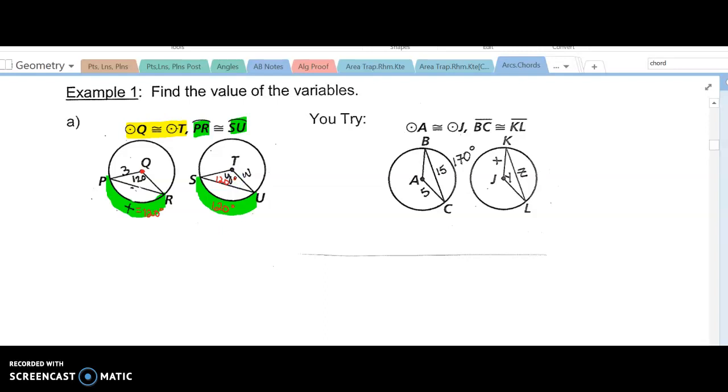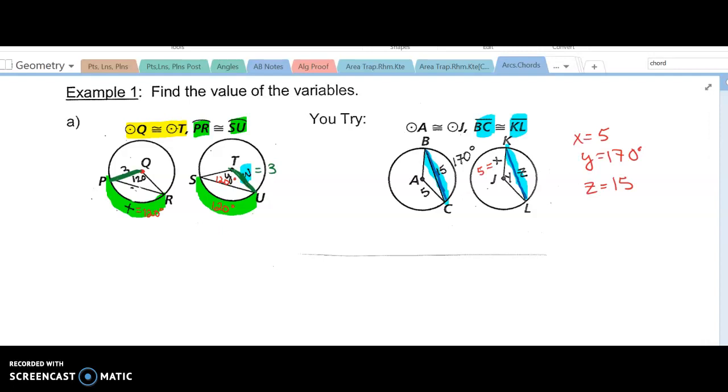And I know this is kind of hard to tell, but that's supposed to be a W there, and W, if these are congruent circles, would be 3 because our radii have to be congruent in congruent circles. So basically, you're just matching up the matchy-matchy parts and saying that they're congruent. So pause the video, give it your best effort on the you try, and then we'll come back and check.